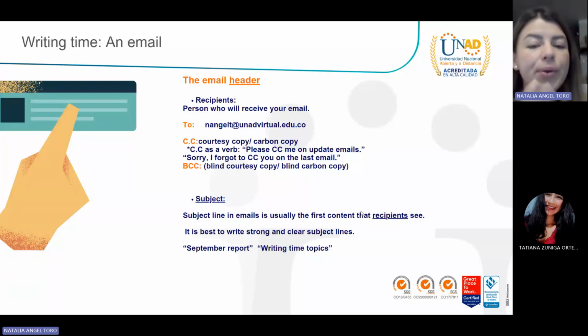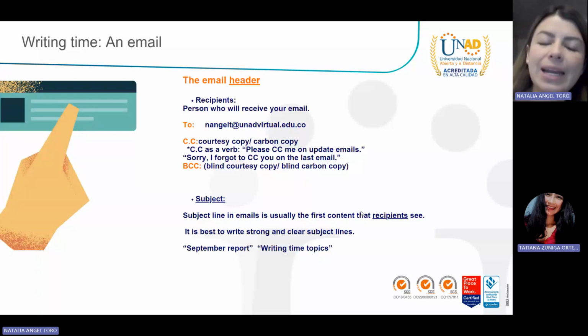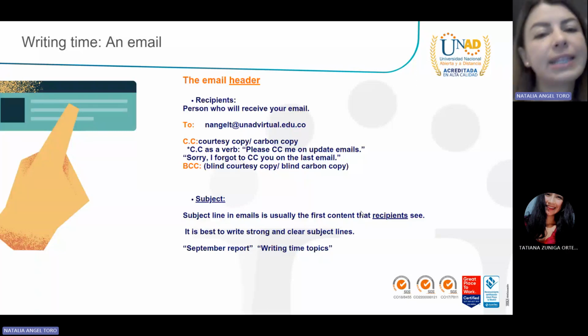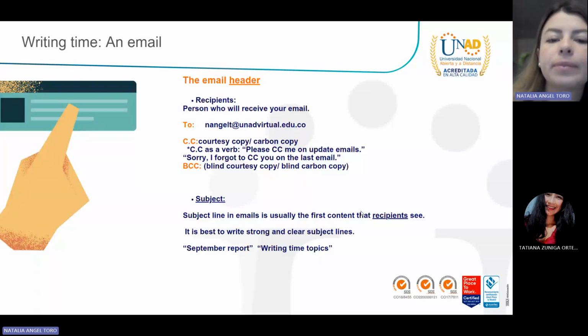So that's why it's very important to be clear and to be detailed there, but try to write a short line, muy corta, muy puntual, muy concisa, pero que le permita al lector, ¿cierto? A tu destinatario, to your recipient, to know what is talking you about, ¿sí? De qué se va a tratar.